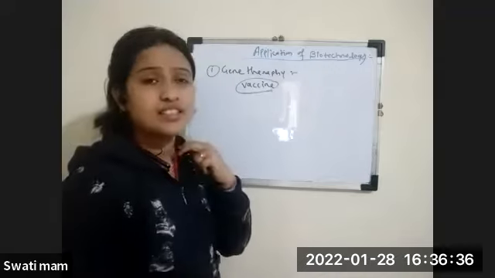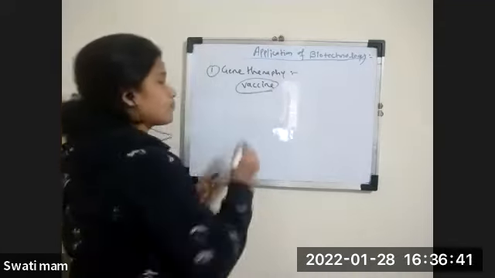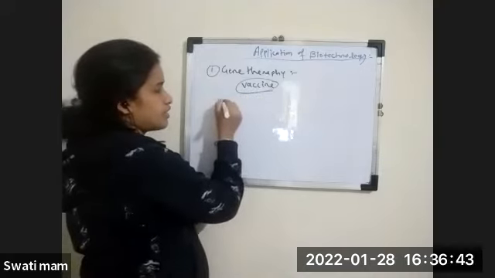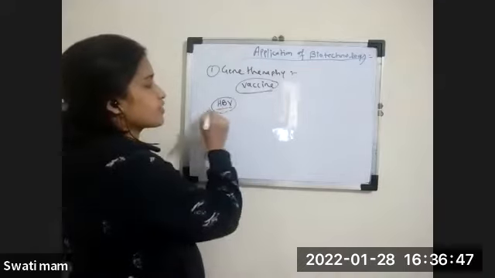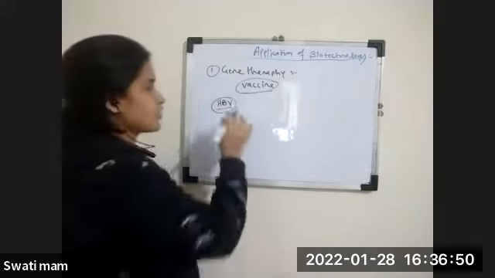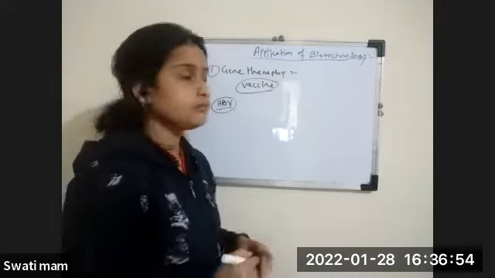So what is a vaccine? A vaccine is nothing but the antigenic preparation of a microorganism. So for example, we are taking the hepatitis B virus, HBV. So what happened?